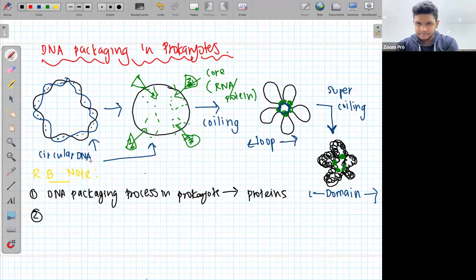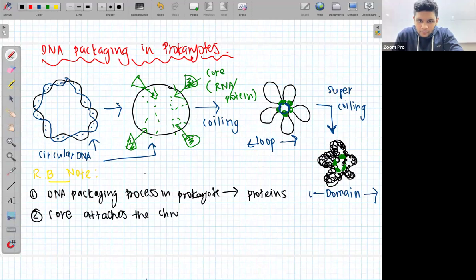And then they are saying that core attaches the chromosome to the membrane. This is a point which can confuse most students.